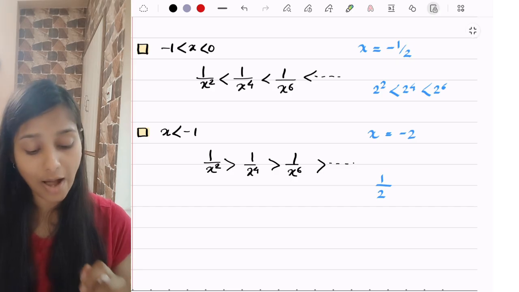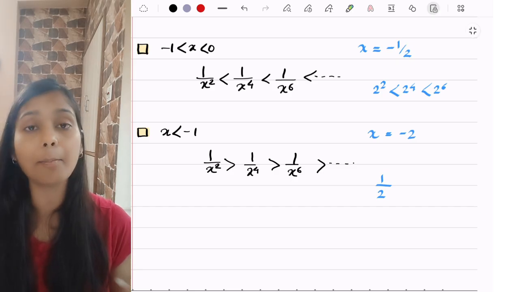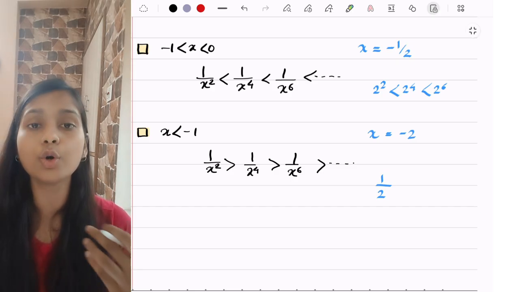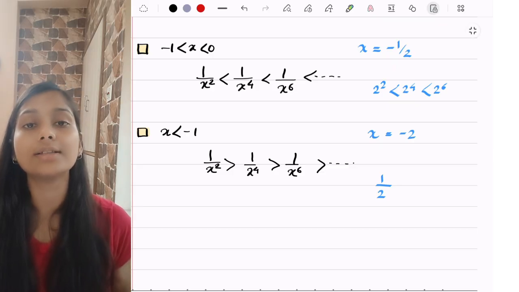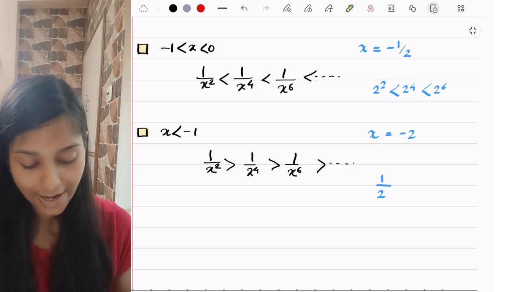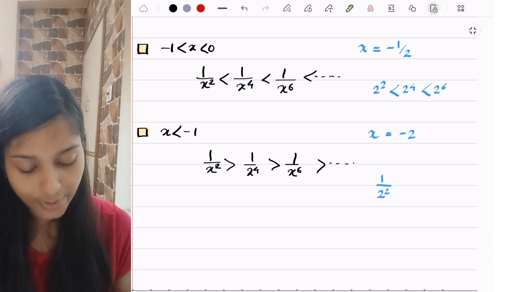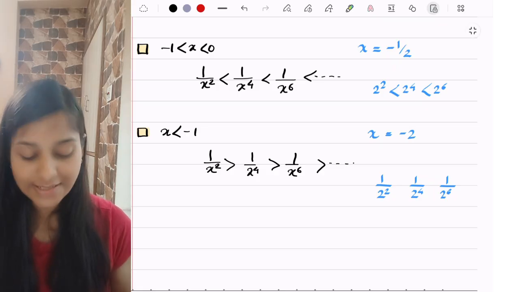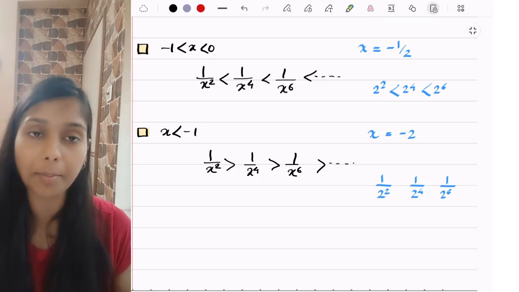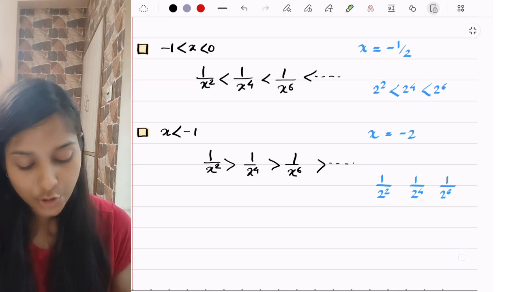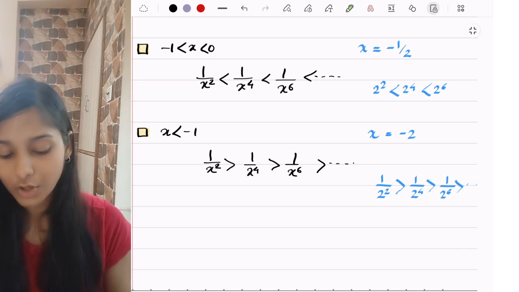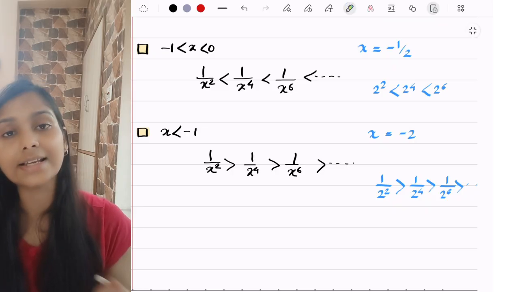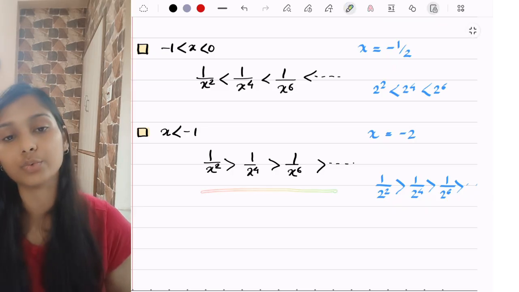Now as here is minus, but the powers are even, that is 2, 4, 6, the minus term will not be there and we will get only 1 by 2 square, 1 by 2 power 4, 1 by 2 power 6 and so on. And here as all these are positive, obviously 1 by 4 is greater than 1 by 16. So this should be the direction of the inequality. So here for x less than minus 1, this one is true.